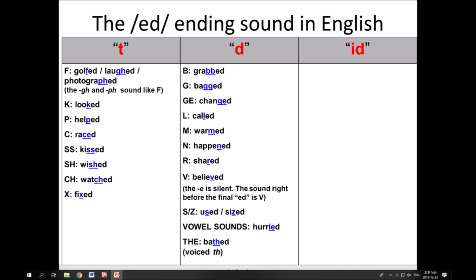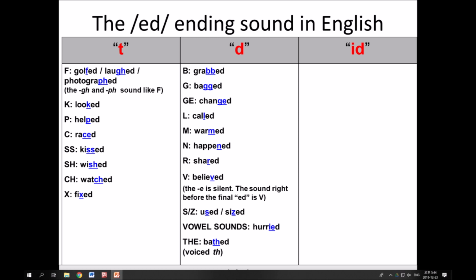So if the word ends with the B sound, the G sound, the GE sound, the L sound, the M sound, the N sound, the R sound, the V sound, the Z or single S sound, any vowel sound, or any voiced TH sound, then the ending ED will be pronounced like D. Okay, so let's take a look at these examples here.